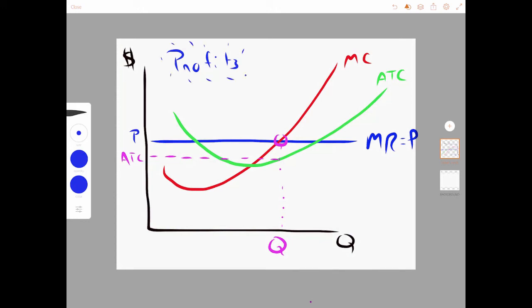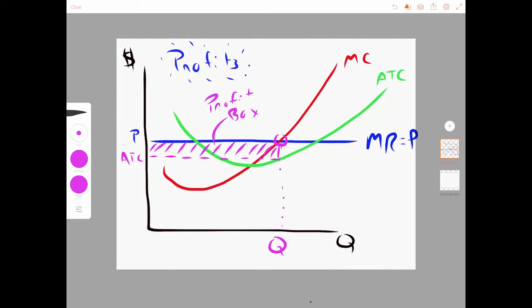Profits are being earned. The specific amount of profit can be computed, if you remember geometry, by calculating the area of this rectangle. We're not going to do that, but you could if you wanted to, and in microeconomics we probably would. This is referred to simply as the profit box.